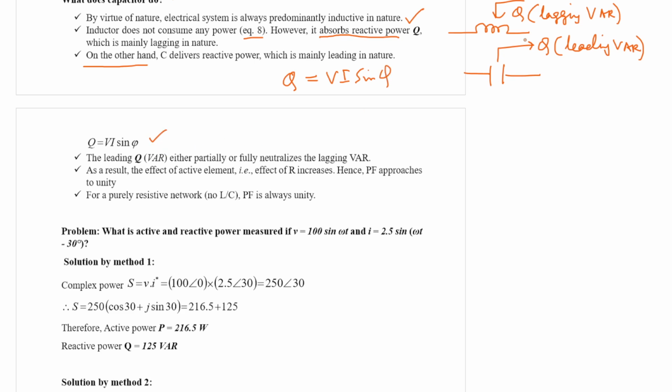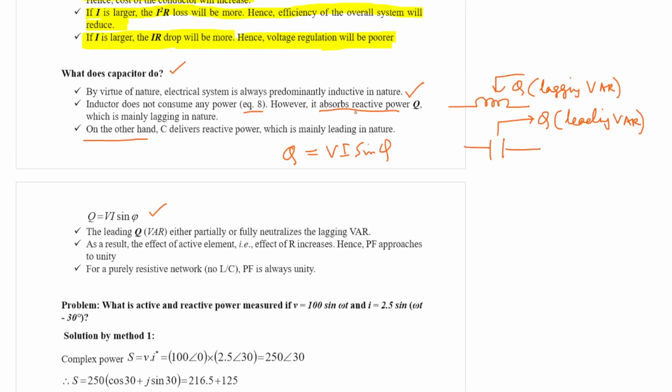Now you can understand one thing: the inductor absorbs reactive power and the capacitor delivers reactive power. These two reactive powers are opposite to each other. One is absorbing, another one is delivering. So if you consider this leading Q as a positive var, then lagging Q must be negative var. So they are opposite to each other.